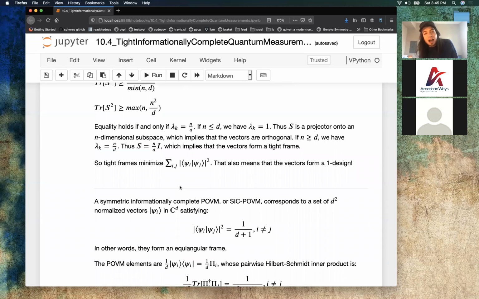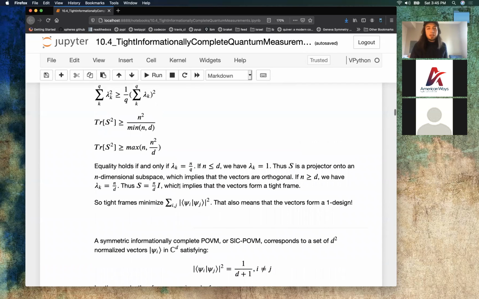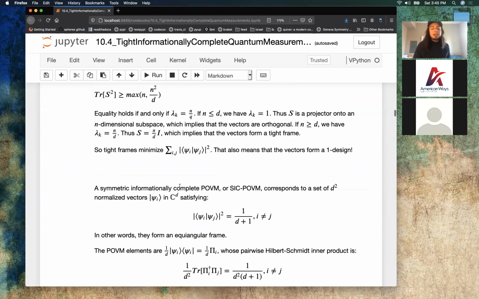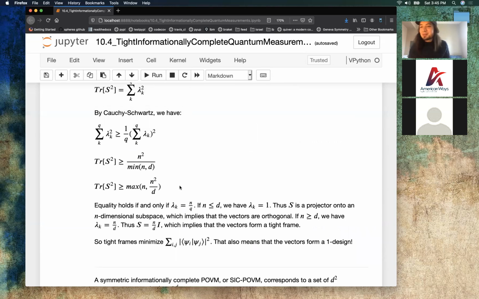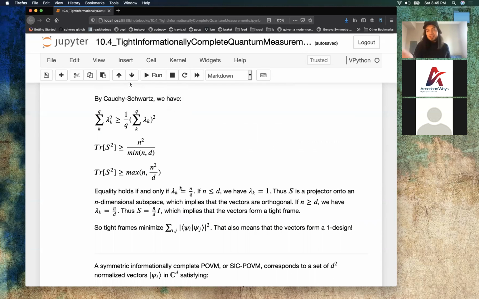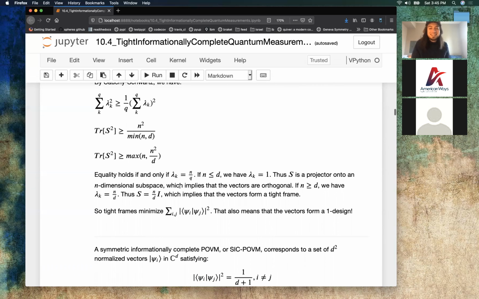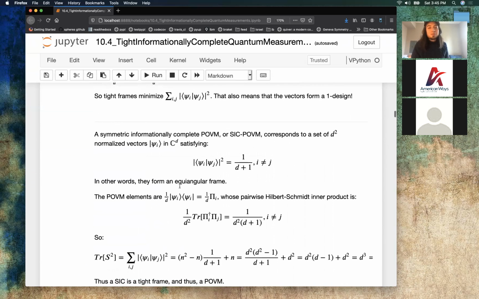I won't verbally go over all these little algebraic manipulations in what follows, but just to give an idea, this is the style of proofs that go on.